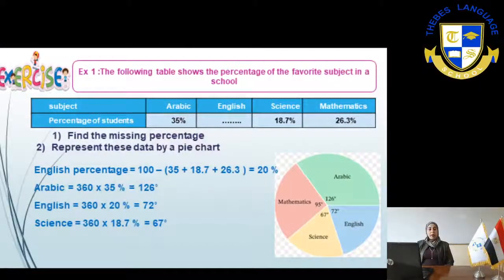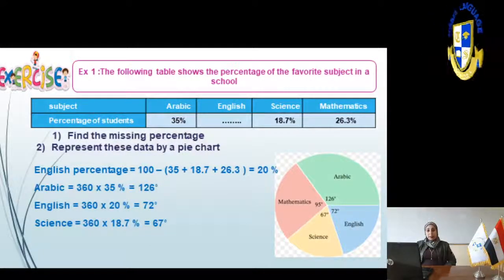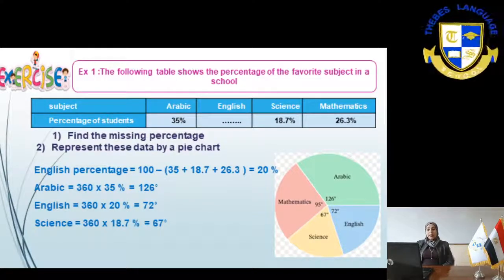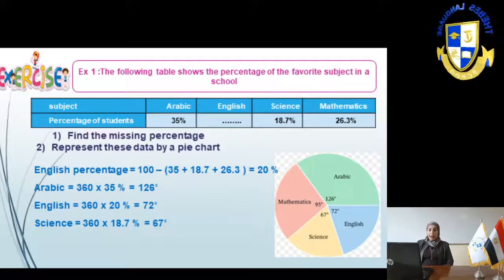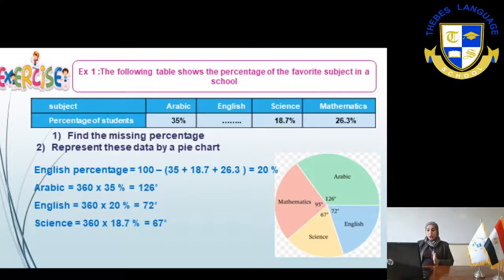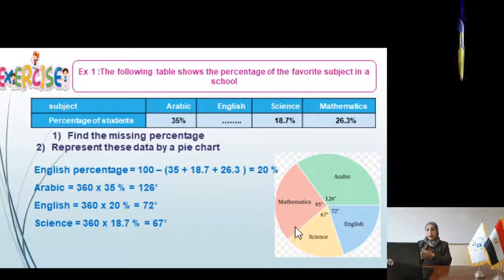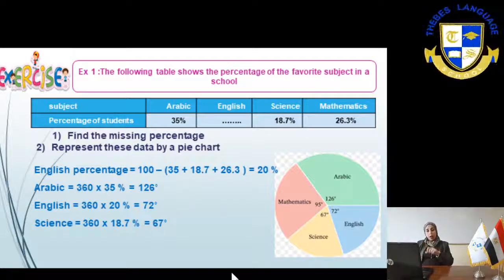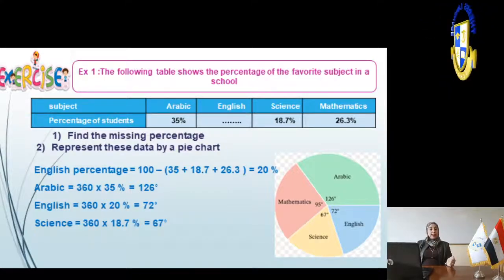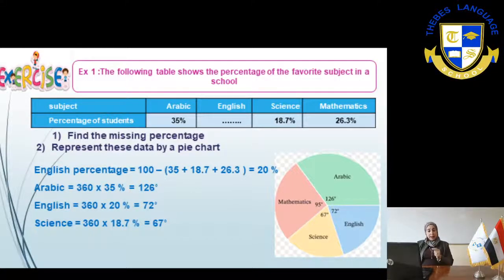Science, again 360 multiplied by 18.7% equals 67 degrees. Now, again, from the last radius, which is the boundary of the English, I'll put my protractor on it and measure 67 degrees, and I write inside it Science.